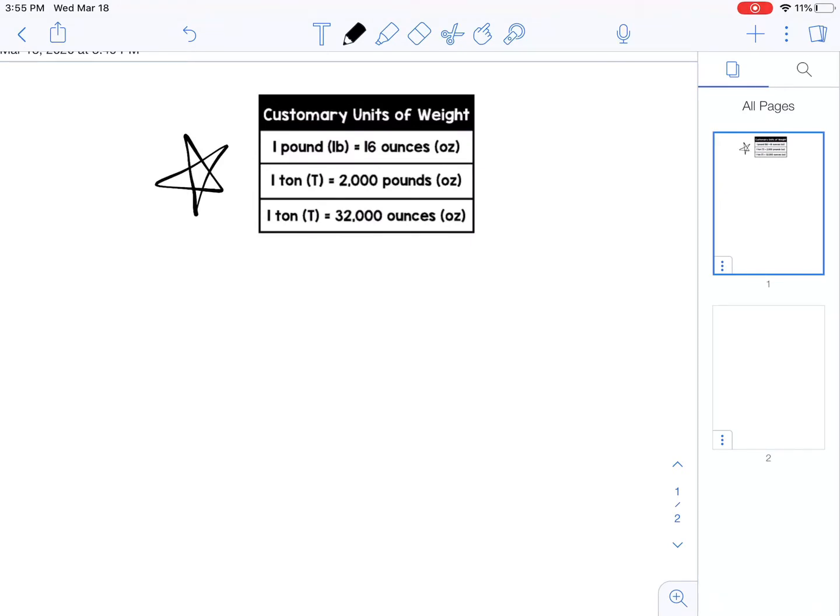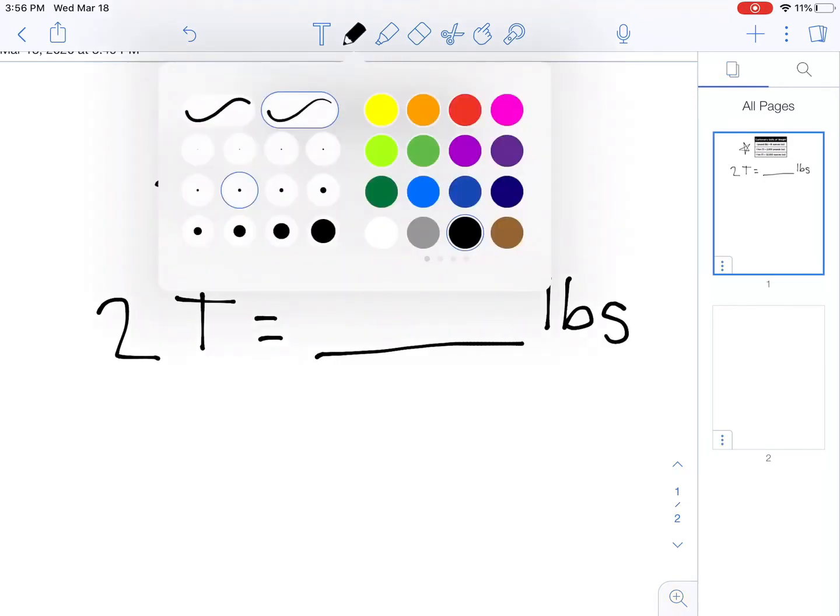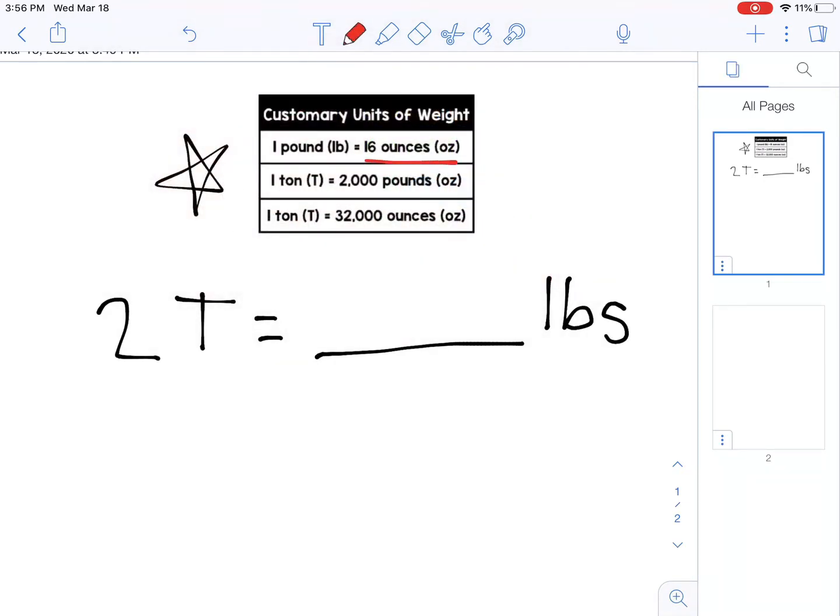Let's say we have 2 tons. The abbreviation for tons is just a big capital letter T equals how many pounds? Well, this time we're looking at the middle conversion. We know that 1 ton equals 2,000 pounds. So my answer here is going to be larger than what we start with.